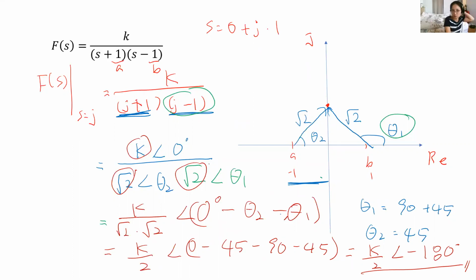So if we evaluate this function at s equals j, the result is a complex number with magnitude K over 2, and the angle is negative 180 degrees. So do you have any question about this? Any comments, questions? This maybe looks very simple right now, but it becomes very important when you design a controller again.